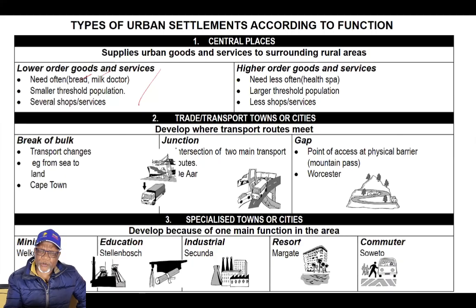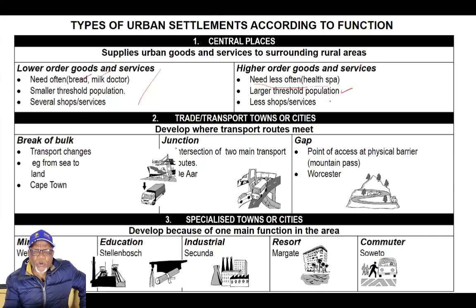Then we have high order services, which are the services or the goods that are not used frequently. So the distance for them is longer, or the range for those goods and services is longer, and they have a larger threshold population, and there are fewer shops or services. Like the shopping centers, we are going to have fewer shopping centers because they are high order services.